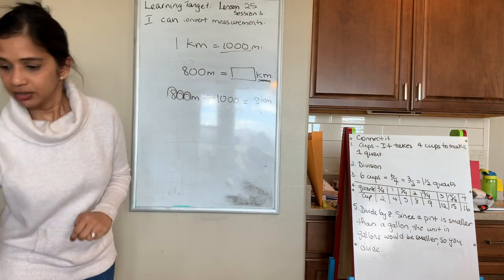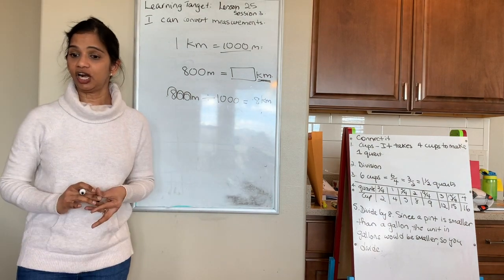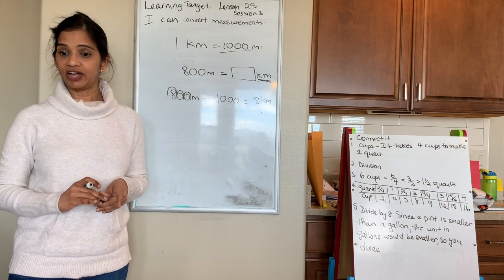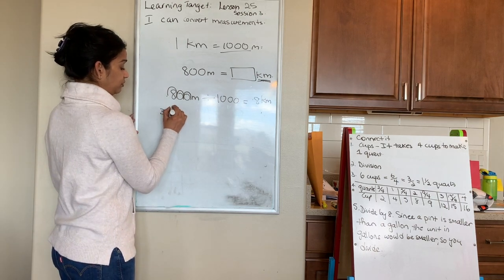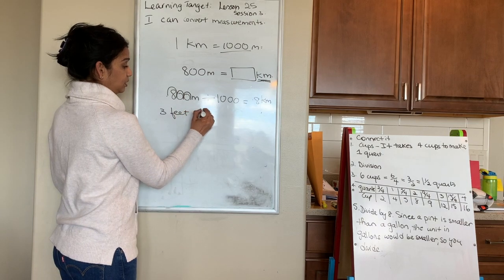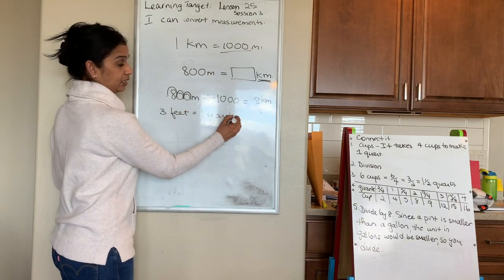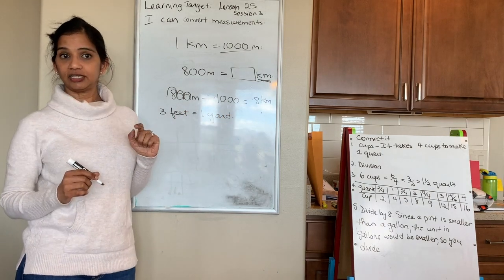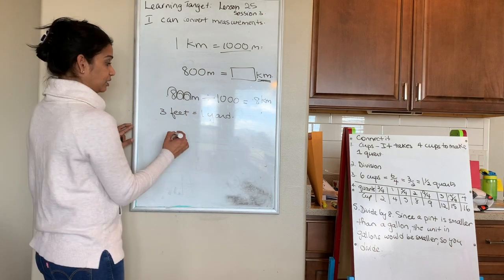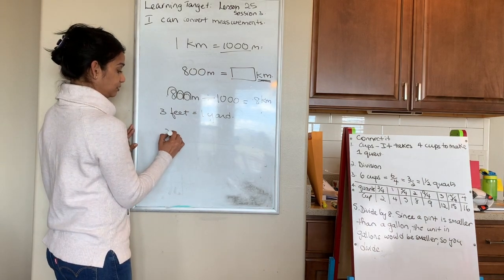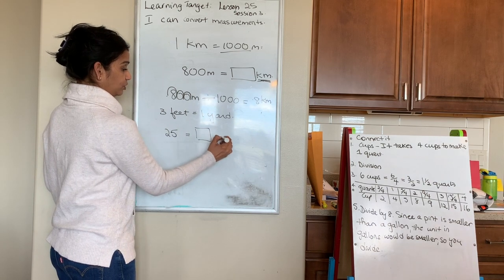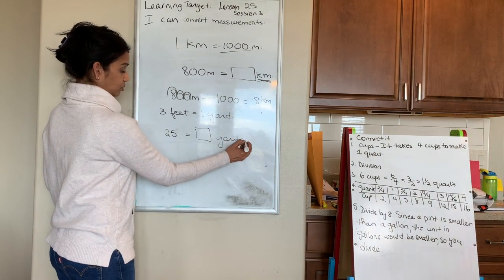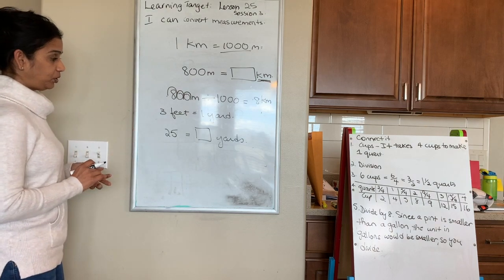All right, let's look at the next one. How many yards are equal to 25 feet? So what do we know? We know that 3 feet is equal to 1 yard. Yep. And how many yards are equal to 25 feet? So if we have 25 feet and we want to know the number of yards, okay, what do you think we do?